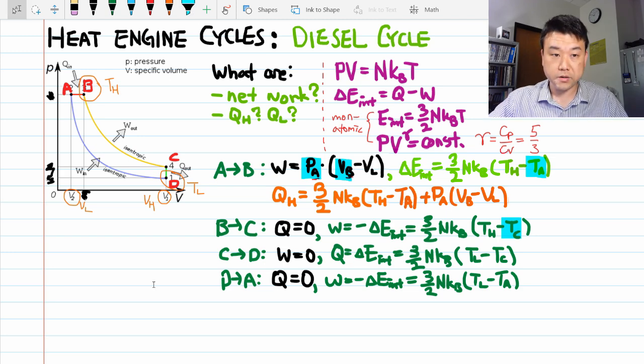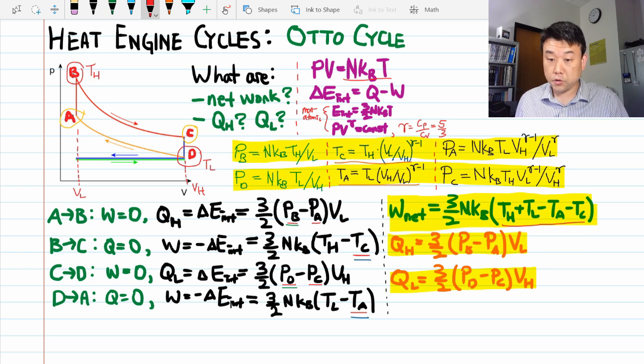But as a reminder, this is the result in Otto cycle. Temperature at A is T_L times the ratio of the two volumes, high over low, raised to the power of gamma minus 1. And this is actually going to be valid for my diesel cycle too.